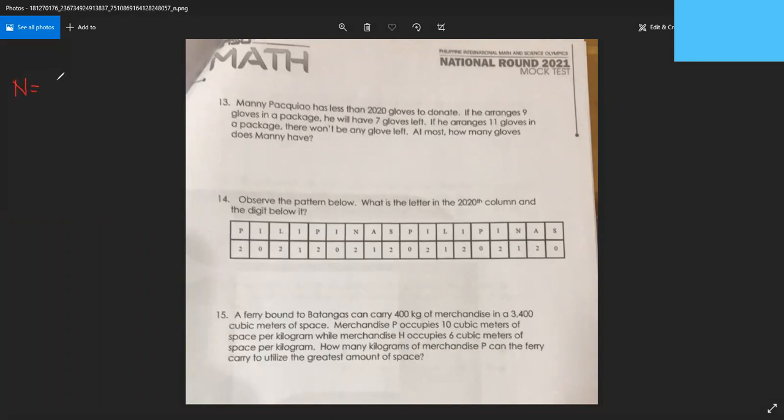So it means that that number is 9 times a, where a is a number, plus 7. For us to attain a number, we need to identify a value a multiplied by 9 and then add 7. Before I proceed, any question?